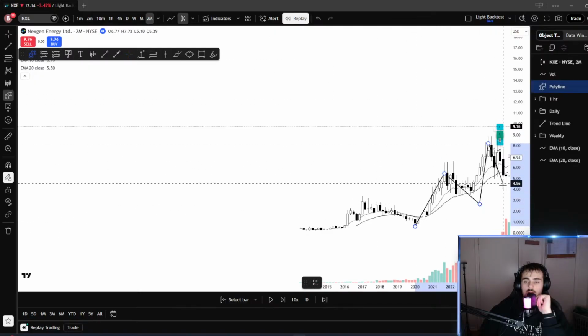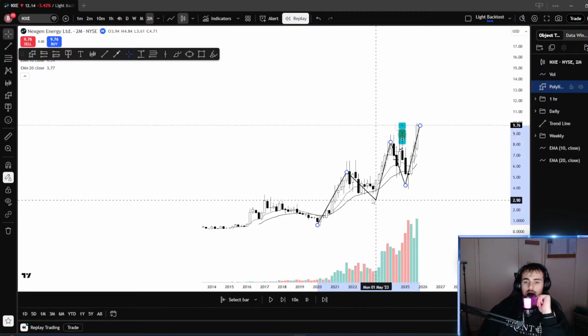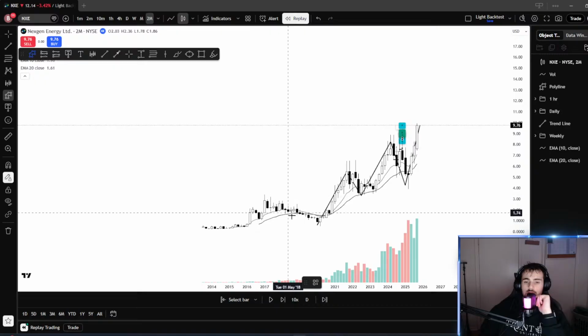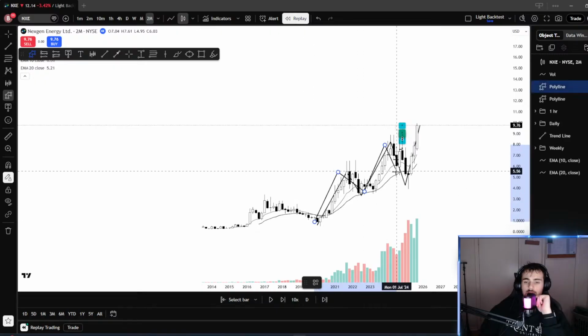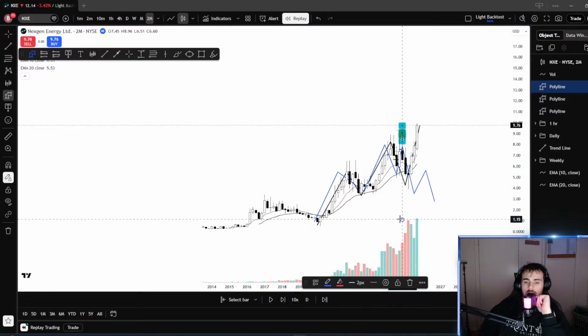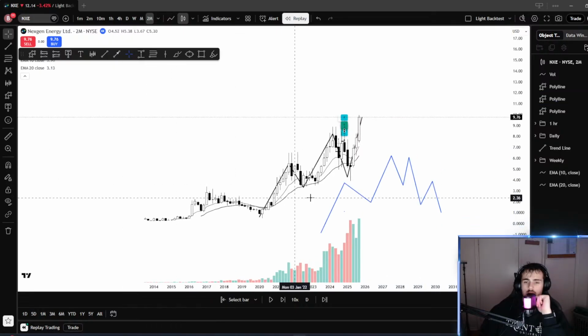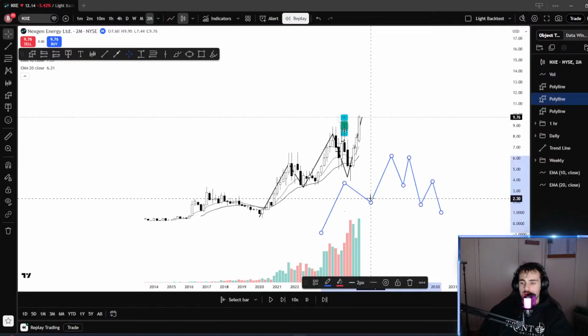So the market's doing this instead of doing this. Two very different things. One breaks down while the other one continues bullish.